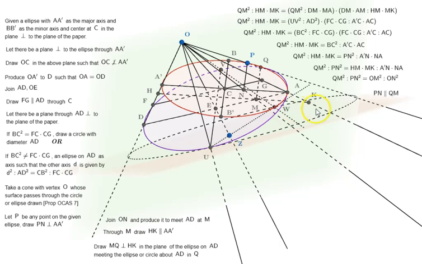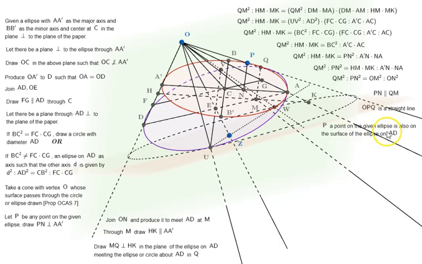That means PN is parallel to QM, because PN cuts this triangle OQM such that the sides are proportional, which means they are parallel, which means OPQ is a straight line.